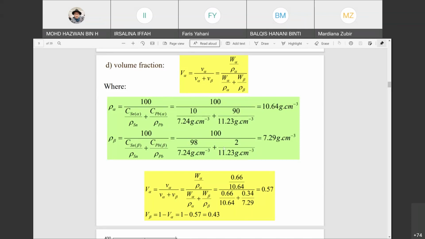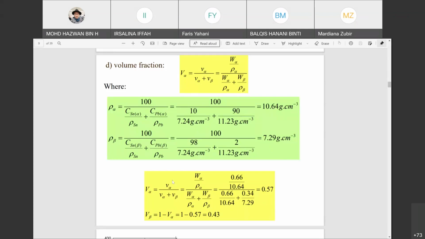The remaining lead will be 2%, because 100 minus 98 gives 2%. So to calculate the density, you need to divide 98 by 7.24 plus 2 over 11.23. Then if you calculate all together, the value is equal to 7.29 gram per centimeter cube.